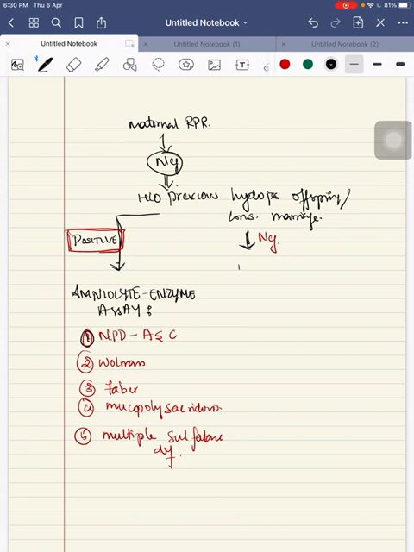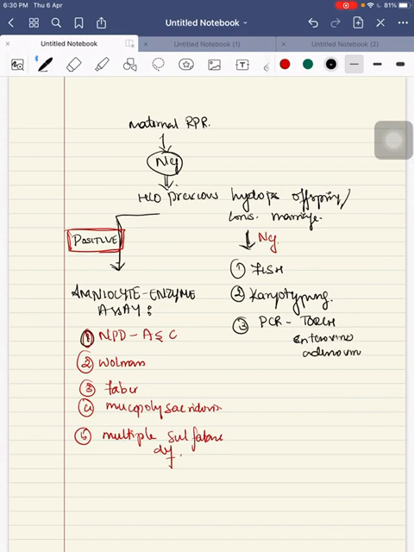If this is negative, next you can proceed with FISH. Second, karyotyping. Third, you can do PCR for TORCH infections, enterovirus and adenovirus.